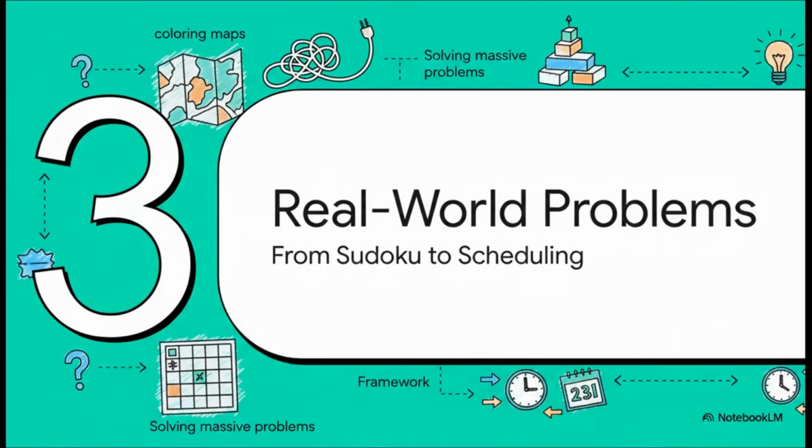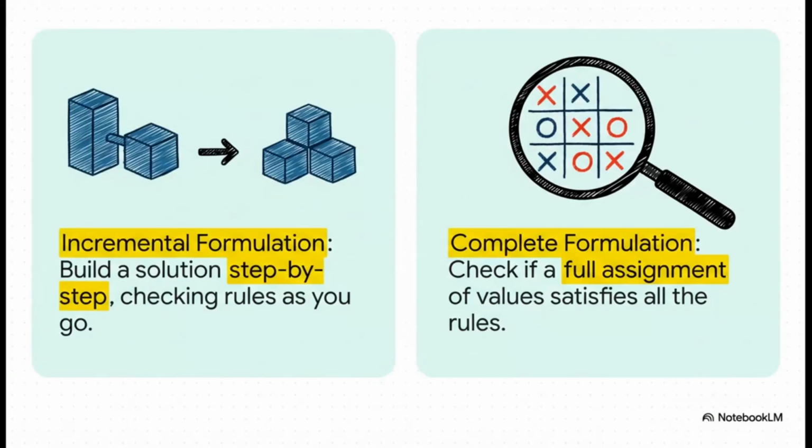Okay, so coloring maps is fun and all, but this framework is incredibly powerful. Let's take a look at how it applies to solving massive, real-world problems that you probably deal with every single day. So computers can attack these problems in 2 main ways. The first is incremental, which is kind of like building a solution step by step. Think of the 8 queens chess puzzle. You place one queen, check the rules, place the next, check the rules, and so on. The other way is to look at a complete, finished solution, like a totally filled-out Sudoku grid, and just check if the whole thing follows all the rules at once.